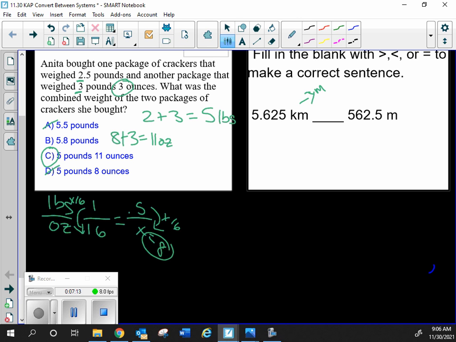So you said, okay, proportion. Which one did you put on top? Kilometers over meters. Does it matter, class? No, it does not. And so what goes on one side? 1 over 1,000.